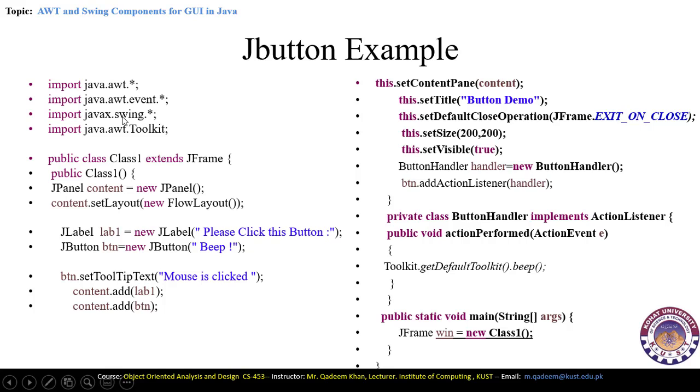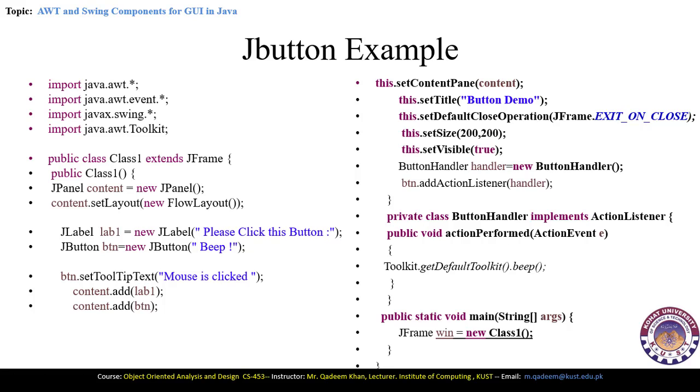Then we have the swing package, javax.swing.*. This package contains the existing controls like the JLabel and JButton. Then we have the Toolkit package. Toolkit defines the toolkit.